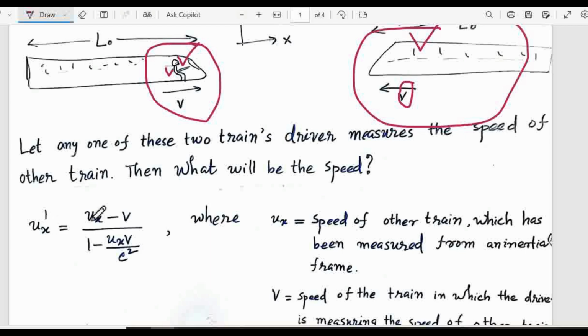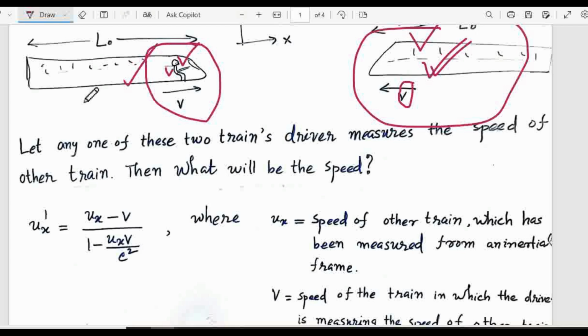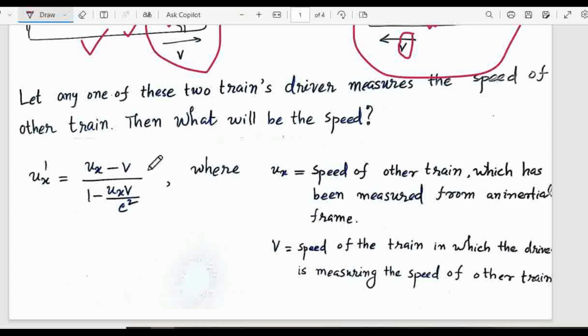Here ux is the speed of the other train, which has been measured from an inertial frame. So we are measuring this train's speed from this frame. And this v is the speed of the train in which the driver is measuring the speed of the other train. This is the most important formula.